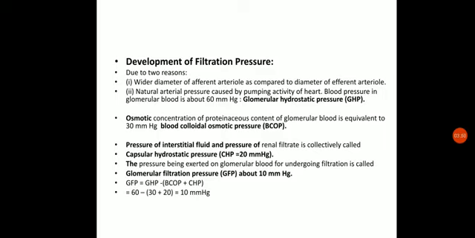Next, the pressure which is developed in the glomerulus is mainly due to a combination of different pressures. The first one is the glomerular hydrostatic pressure. What is glomerular hydrostatic pressure?